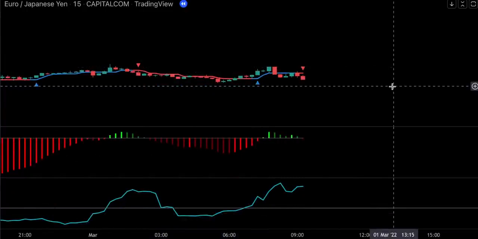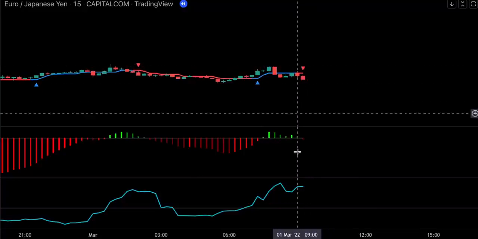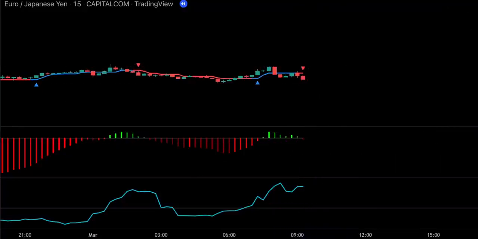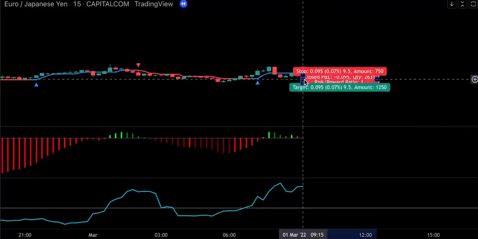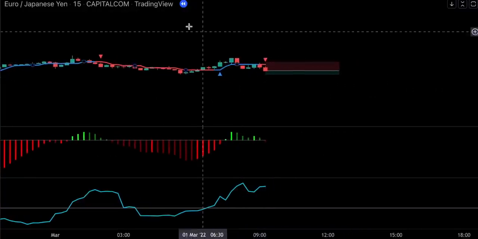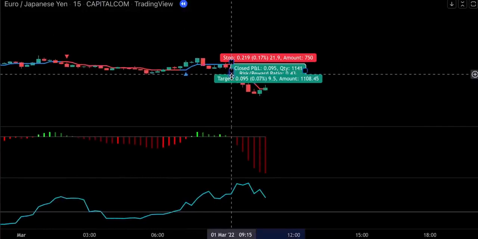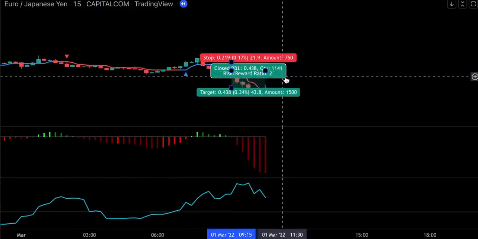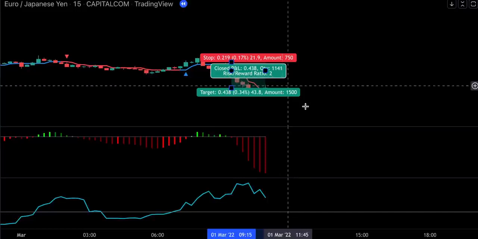So we see we just got a new short signal. This signal is confirmed, so we can take a short position, set our stop loss, and see whether this trade is successful. Okay, so we see this is a clear winner. Our risk-reward ratio is 2-to-1, which is really good.